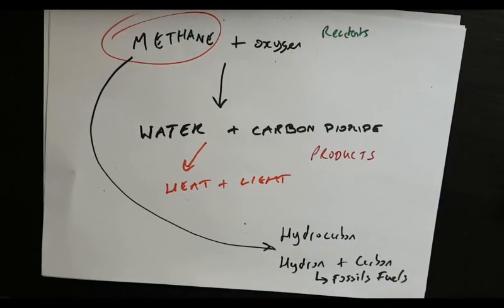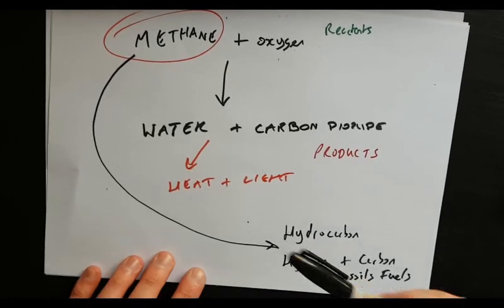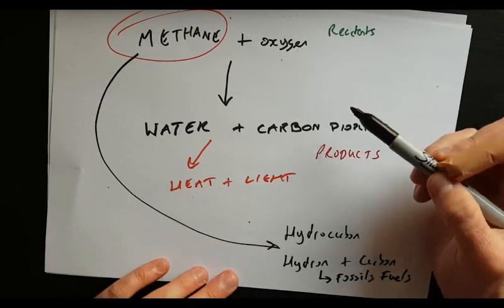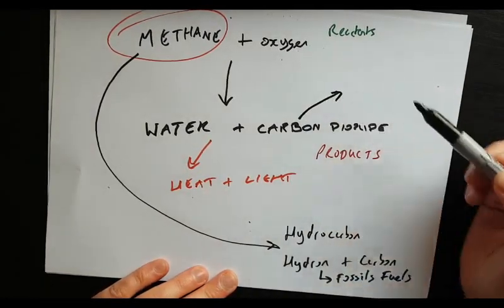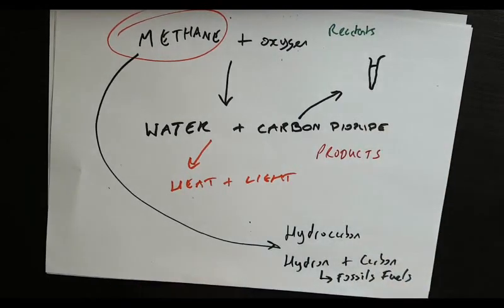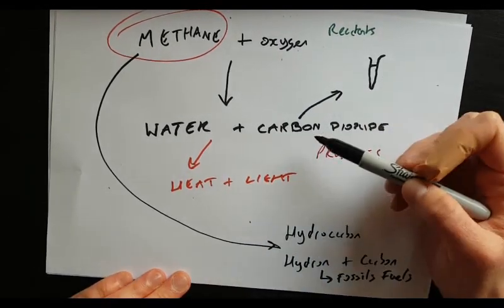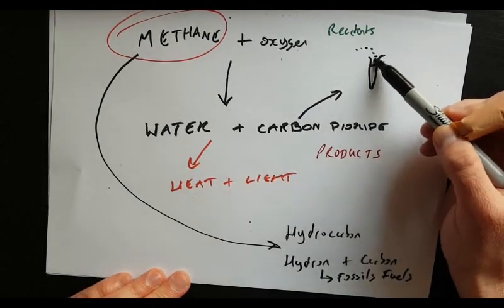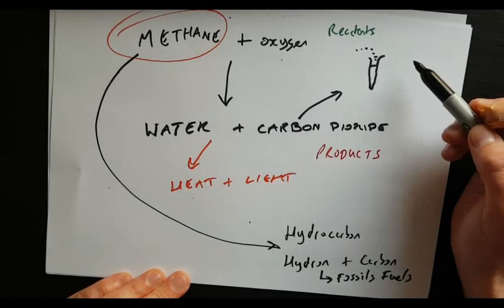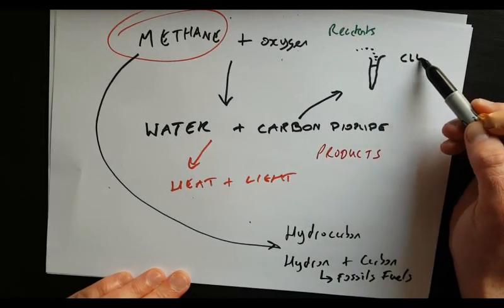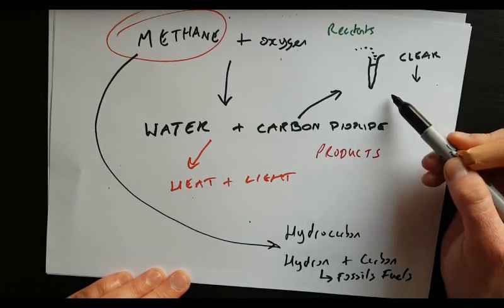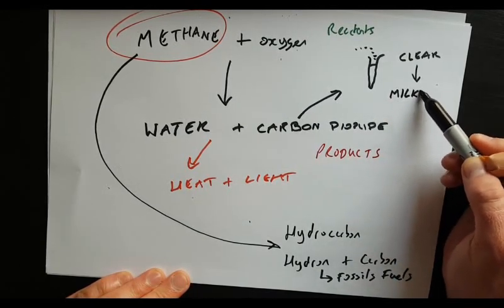Okay, the last thing we need to look at here is how you would test for these products of combustion. There are two tests we need to do. For carbon dioxide, we would do the lime water test. You have lime water in a test tube. If you were to put carbon dioxide bubbles into the test tube, you would see the lime water change colour. It would go from clear, and if carbon dioxide is present, it will go to a milky white.